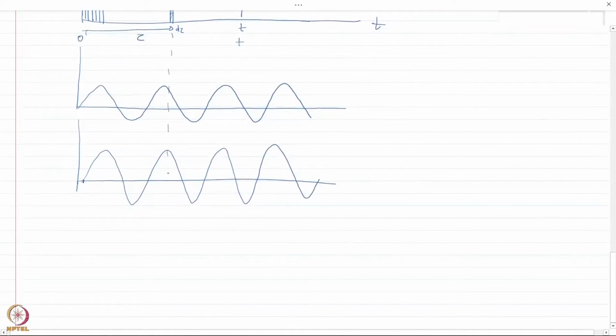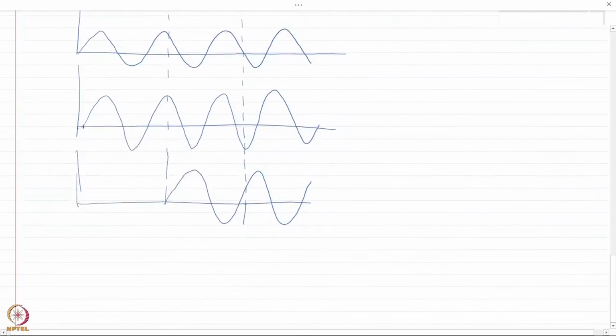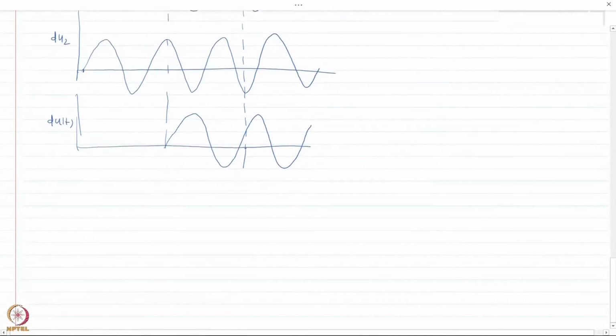Let us say I draw at time d tau, at this point also I will have some response. If I keep adding them, all the points till I get to this point, it will give me the total response. So this is du1, du2, and so on. This is basically du at any time t, or tau. Let us call this du of t.